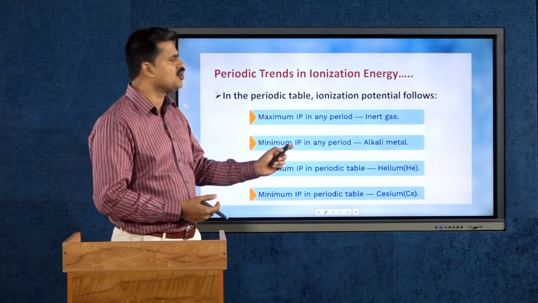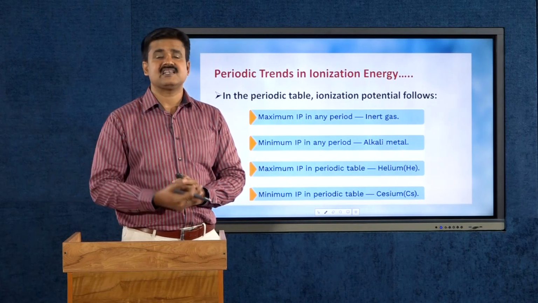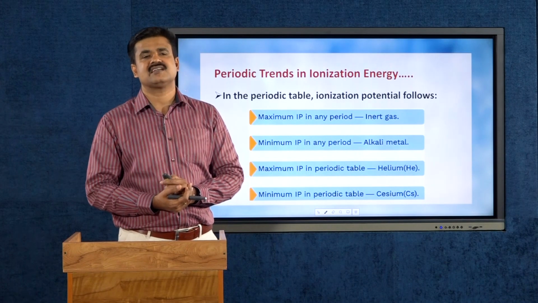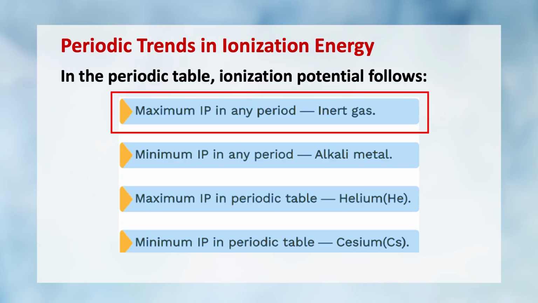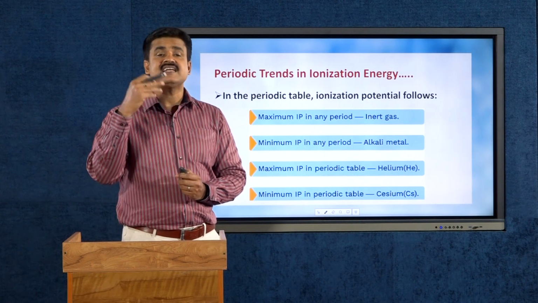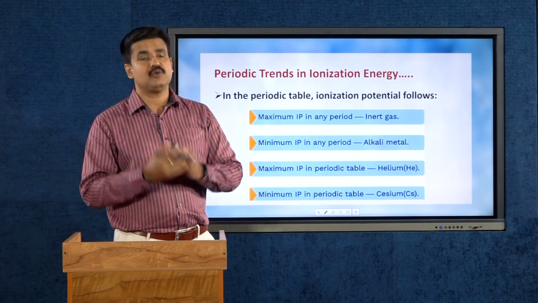This is the consolidation of some observations as far as ionization energy, as far as the periodic table of elements are concerned. Maximum ionization potential in any period is shown by inert gases. So, if you are taking a particular period, the element with the highest ionization potential in that period will be an inert gas or a noble gas.